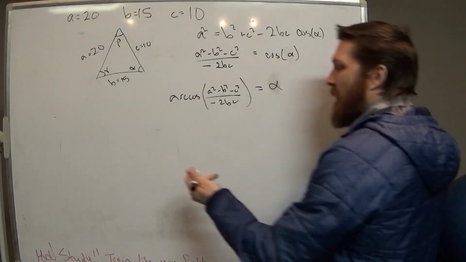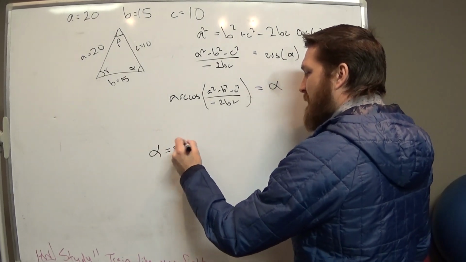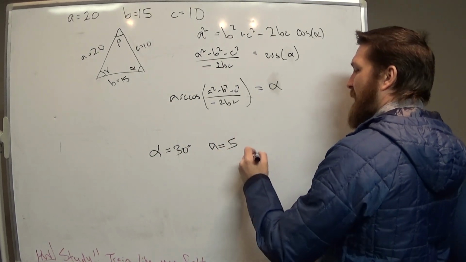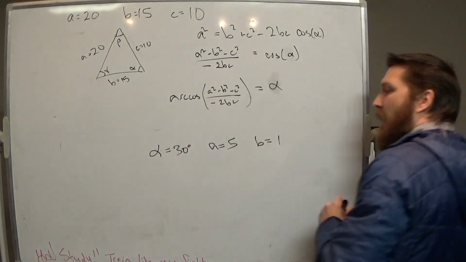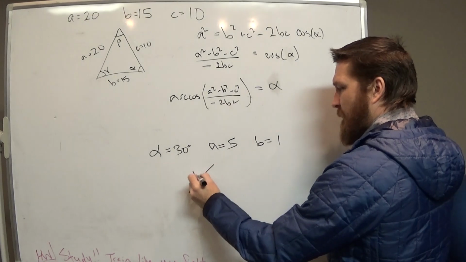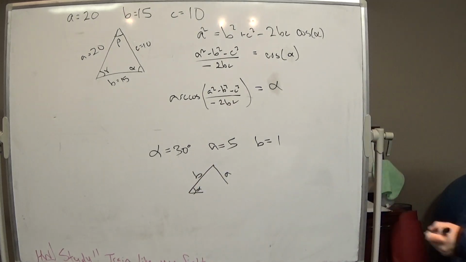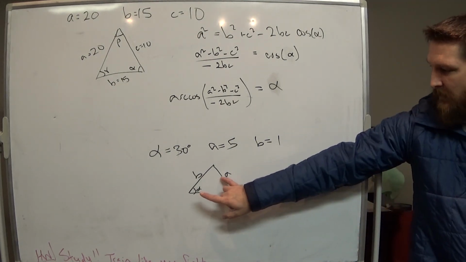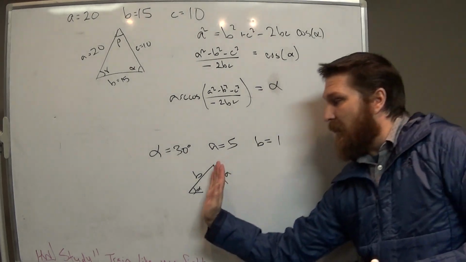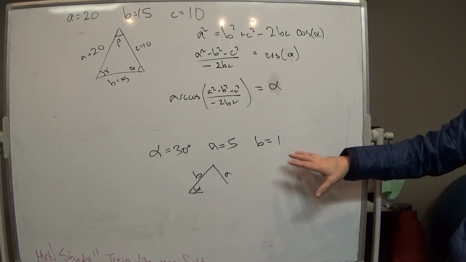Because we've said before, if you're given, say, alpha equals 30 degrees, and A equals 5, and B equals 1, well, now you're in the domain of here's your alpha, here's your beta, here's your B and your A, there's your alpha. Now you're using law of sines, but there may or may not be an acute case and an obtuse case, right? And so you might run into that.